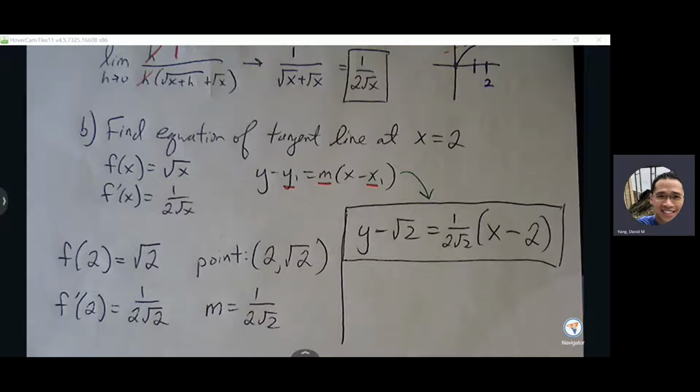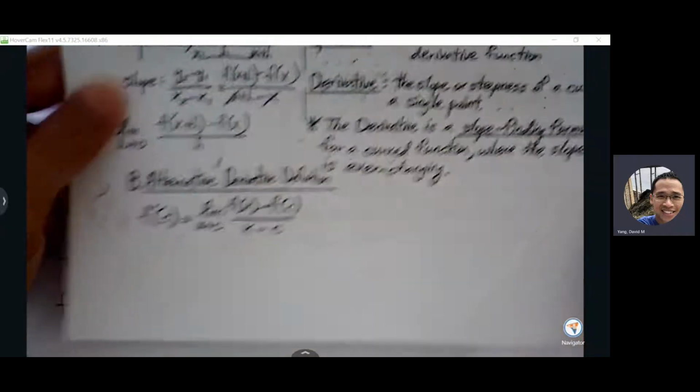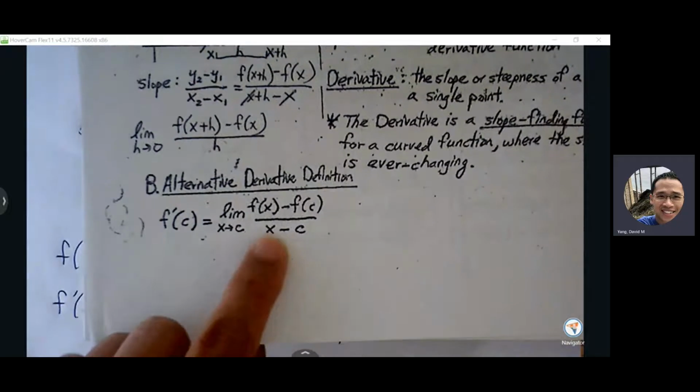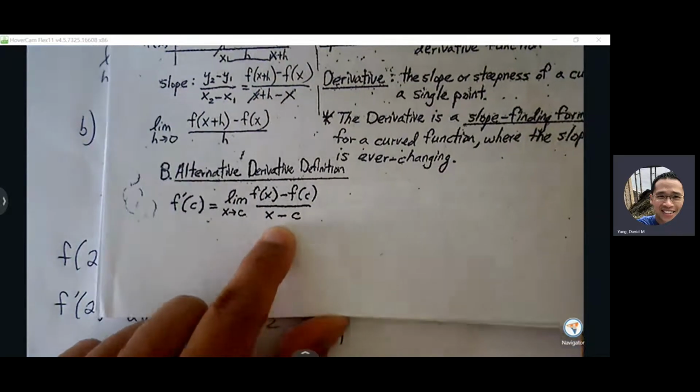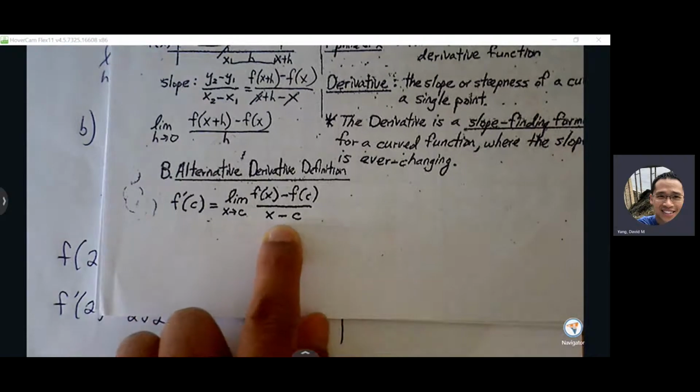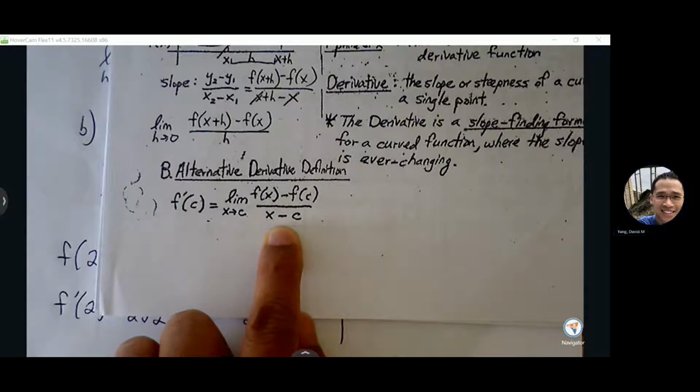Okay, so now let's look at number 4. Number 4 is this alternative definition, and that was on page 1. I briefly mentioned it, but we're going to be working with this alternative definition now. It's going to do the same thing: find the slope at a point on the graph.